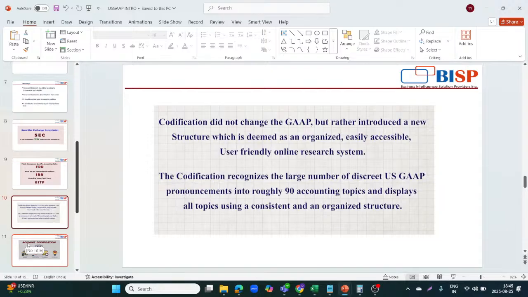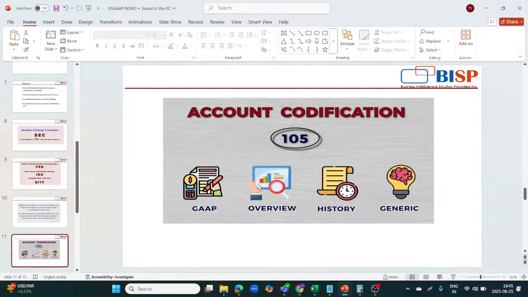like in the presentation of the balance sheet, you have various accounting codifications with numbers, like Accounting Codification 105. It will tell you what US GAAP is. If you want an overview, what the history is, why the codification came into the picture, any generic information related to the codification, you will refer to ASC 105.